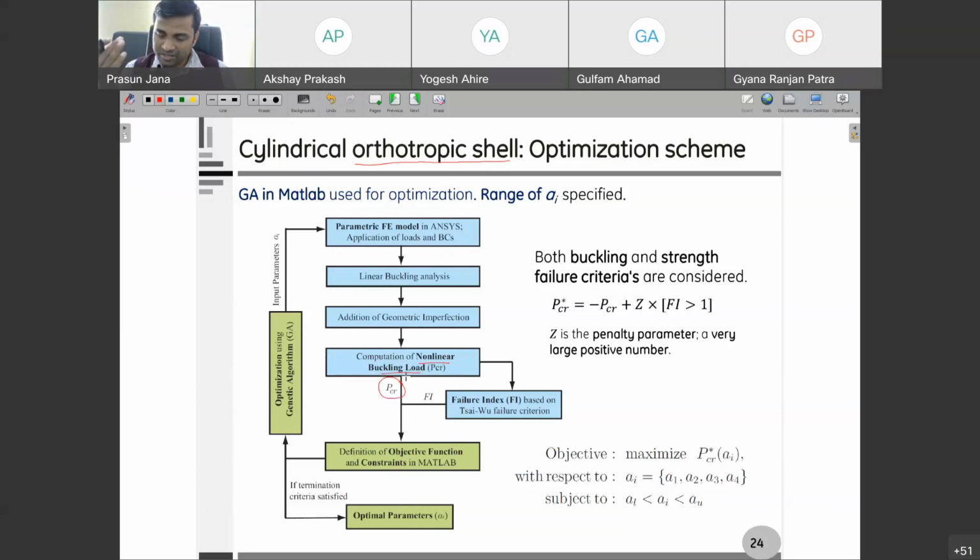Nonlinear buckling means you can... because there are certain imperfections, or material, like there's some local flaws and all, which actually can influence your buckling load very significantly.